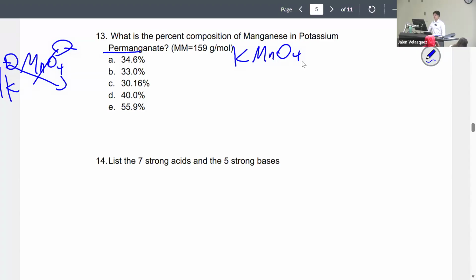And what's the equation? What's the formula to solve for percent composition? Yeah, what do you think? Close, you're missing just one thing. Okay, so there's one more thing that goes on the numerator here.